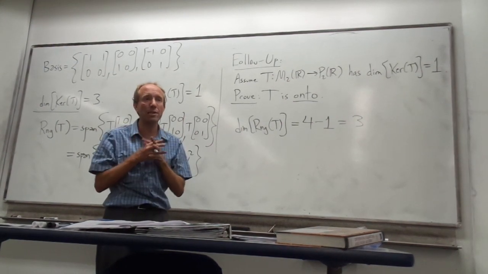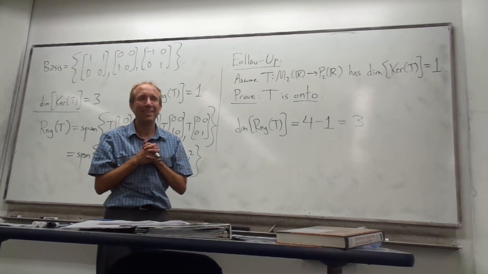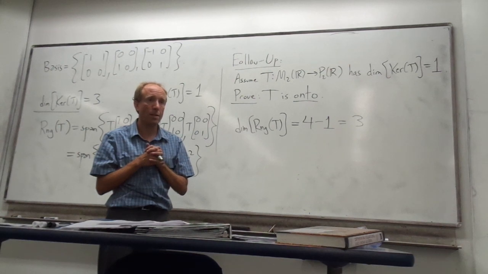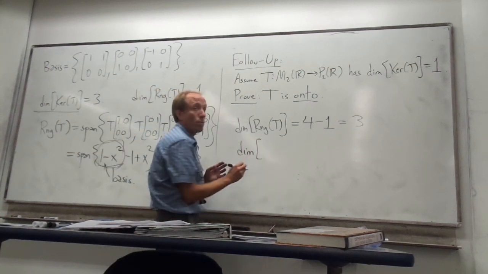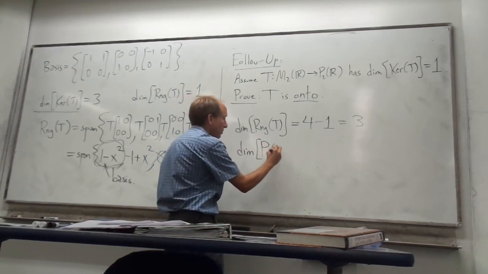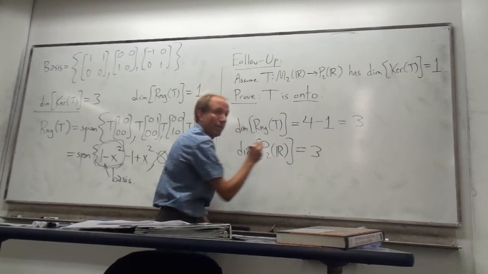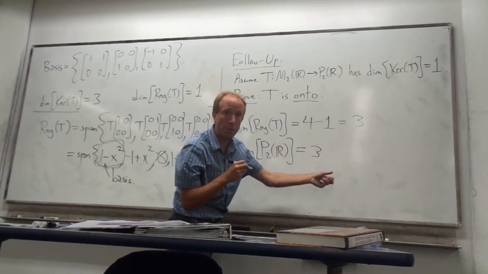Okay, what else do you need to say? That if it's onto, then the dimension of W is equal. Okay, maybe what we should do is write down the dimension of W. What is the dimension of P2 of R? 3. That's also 3. So the range and W are both 3-dimensional.